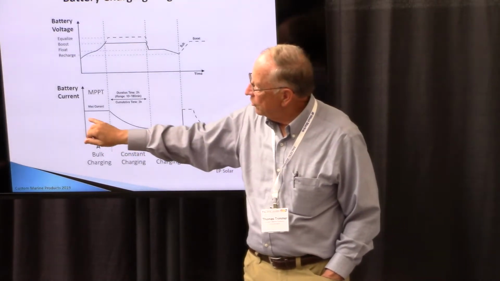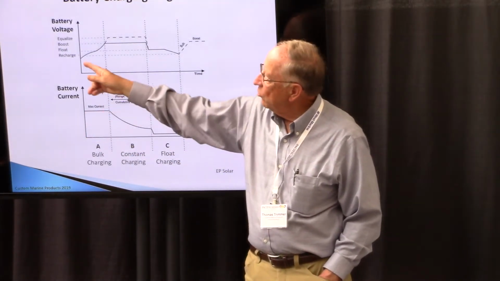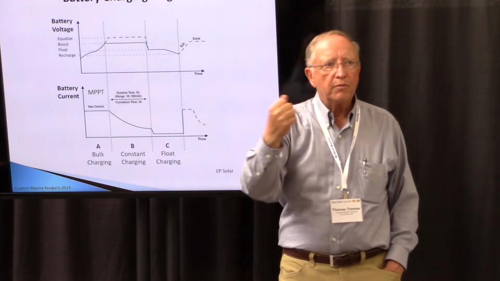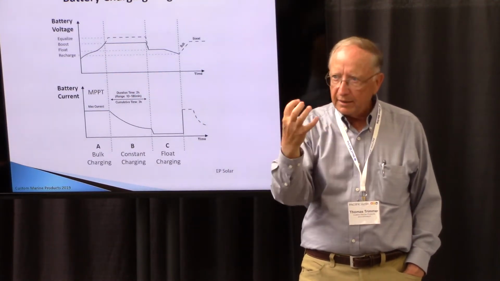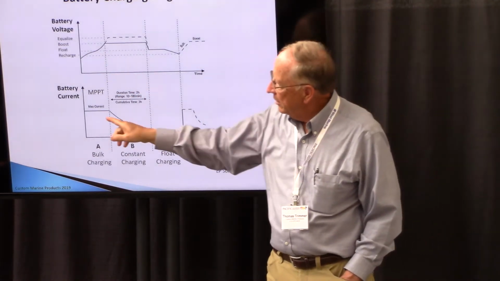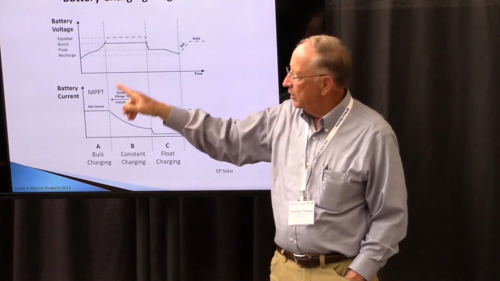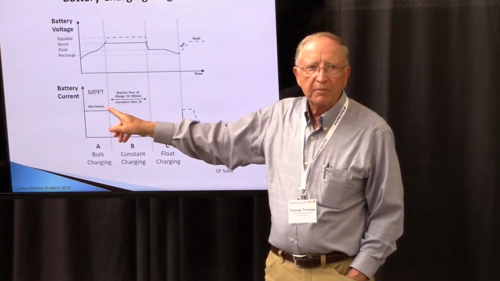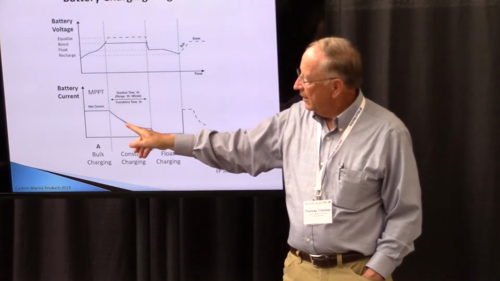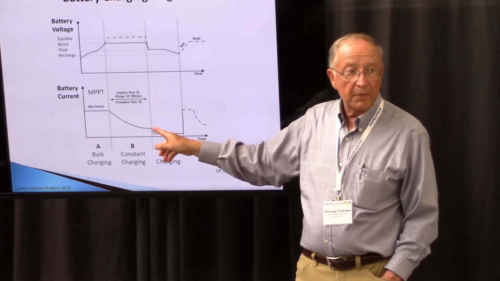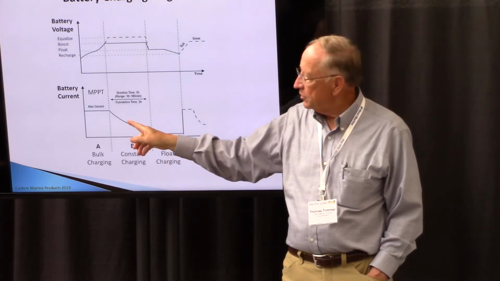The current curve looks like this. I want to get maximum current. Well, this is going up. The battery will pull its maximum current. It'll take everything it can once I get up to this voltage. Now, once I get up to the voltage, the battery charging becomes less efficient, and I have less current that the battery will accept. So the current actually comes down.